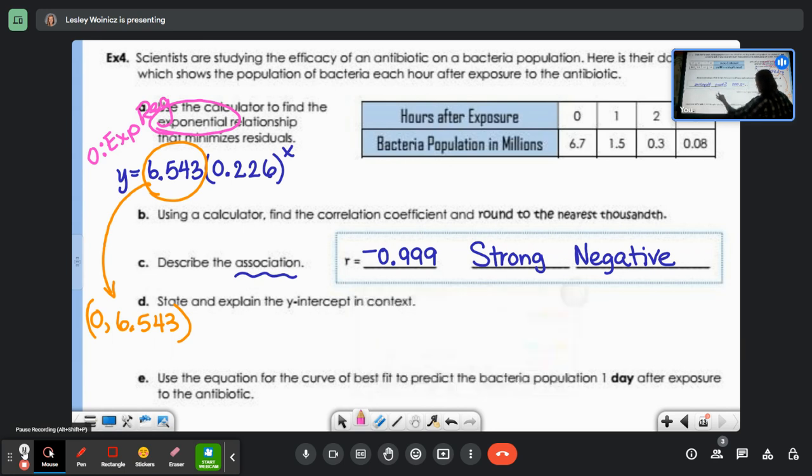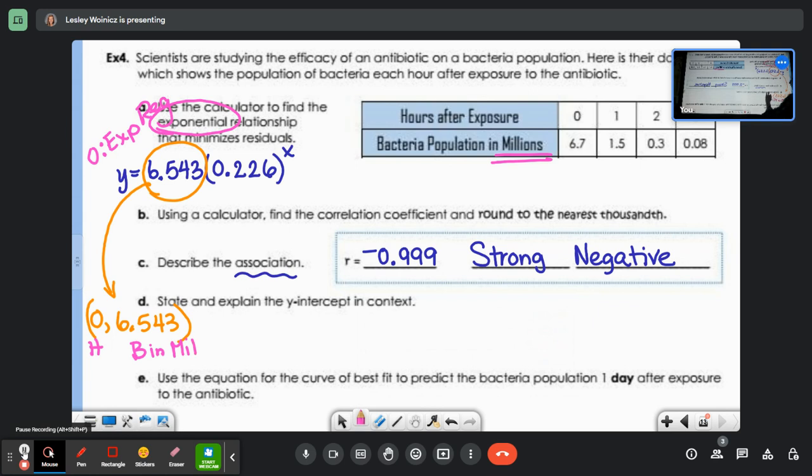So to label that, the 0 is the hours, and the 6.54 is the population of bacteria in millions.